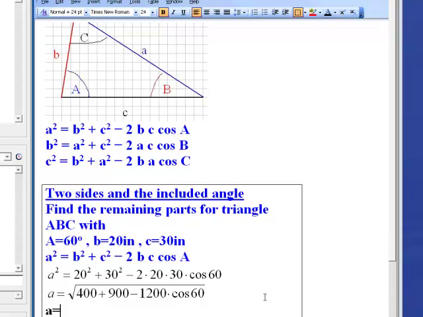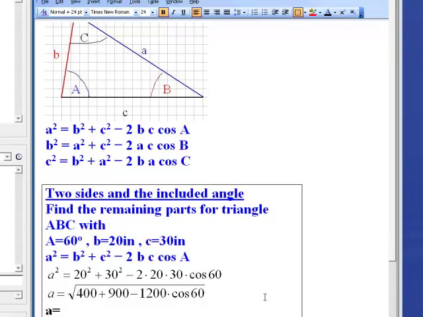Let's see, that's actually 1300 minus 600 is 700. Take the square root. On my calculator, I'm going to do it in the very beginning. Square root of 700 is in the neighborhood of 26, I believe.